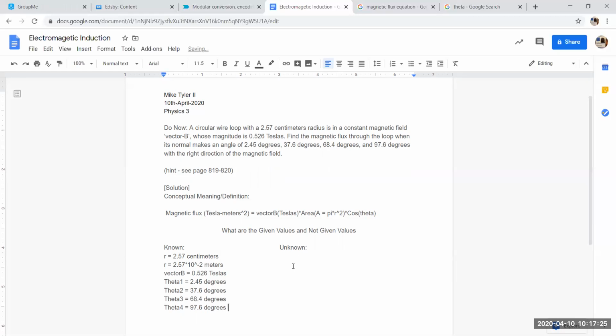All right. I think we have everything, but what we don't have is what we're being asked. We had to define that so we know how to attack it. So remember earlier, they're asking for the flux, right? Find the magnetic flux. Let me zoom in for you.